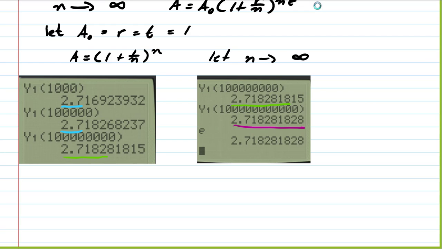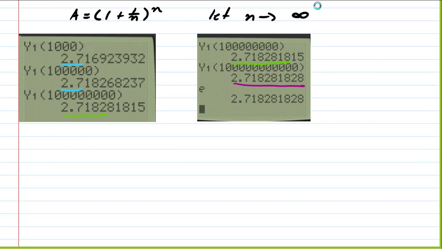So according to our graph, as we let the number of times the interest is compounded go to infinity, that quantity right here, 1 plus 1 over n raised to the n, goes to e as n goes to infinity. So as n gets really, really big, 1 plus 1 over n to the n goes to the number e.